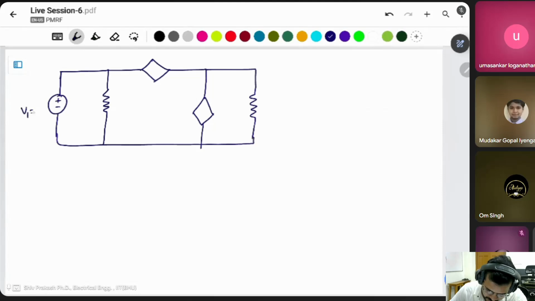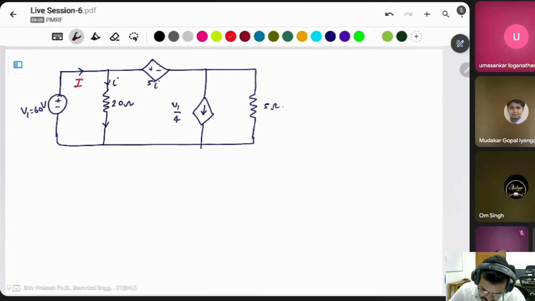This is V1 is equal to 60 volt, 20 ohm. This is a current I, V1 by 4 plus minus 5 I. This is a 5 ohm resistor. We have to take the current of I here. What is the I in this case?